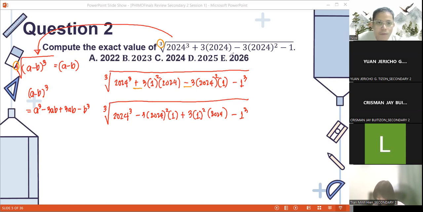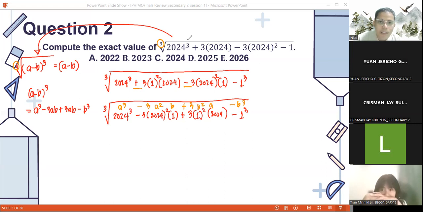So what is in that form? That is a cube minus 3a squared b, and then plus 3ab squared, then minus b cube, right?